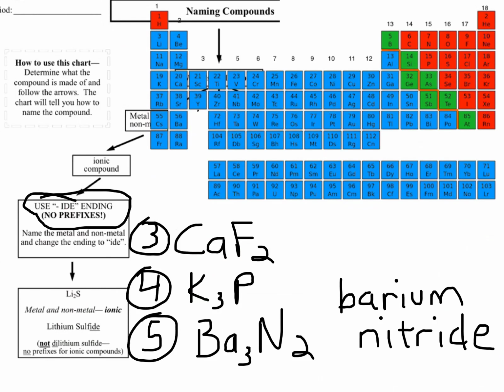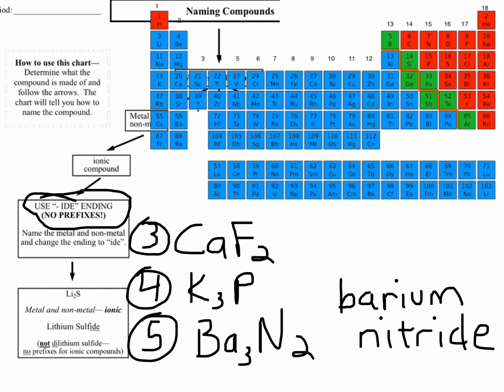Number 5 is barium nitride. Again, this is a metal. It's to the left of the stair step. This is a nonmetal. Nitrogen is to the right of the stair step right here. And so if you said barium nitrogenide, again, it would still be right, but just know that by convention we shorten that to nitride.